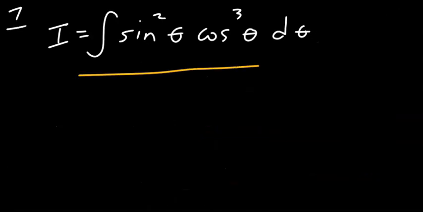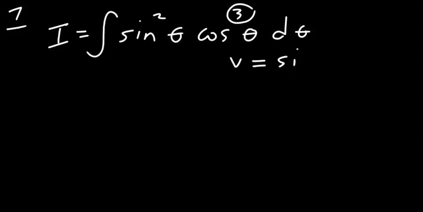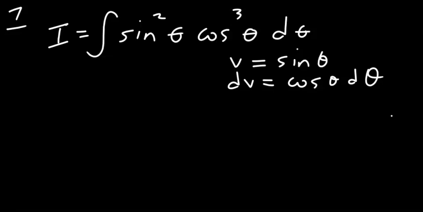Let's look at this following problem. The power of cosine is odd, so we can try v equals sine theta. So dv is cosine theta d theta.